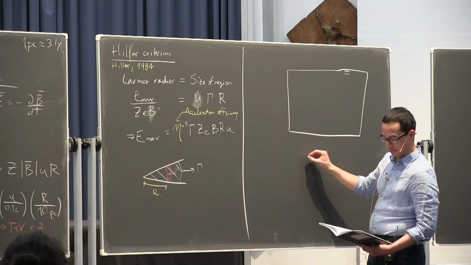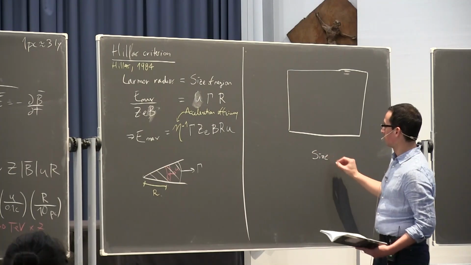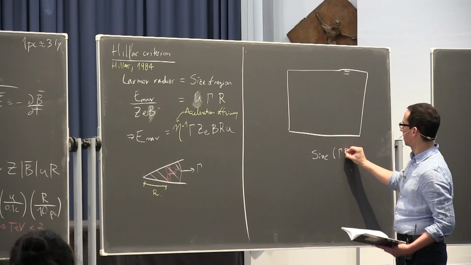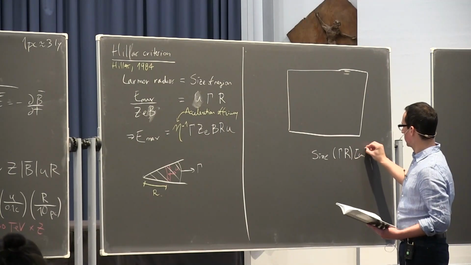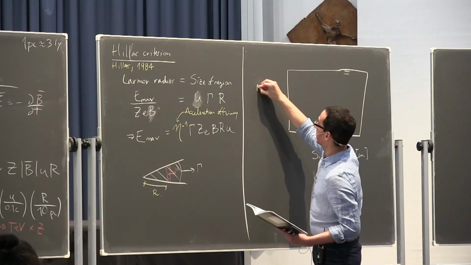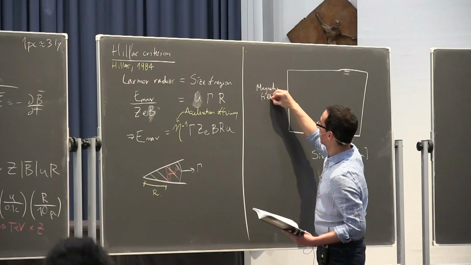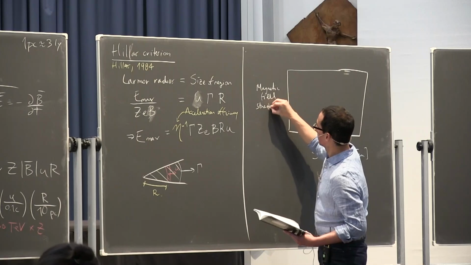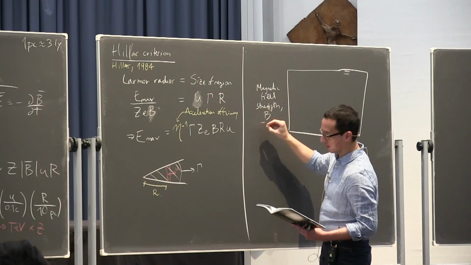So let me plot here the size of the source, and this is the comoving size, so gamma times r, in centimeters. And then here I'm going to write the magnetic field strength, in Gauss.